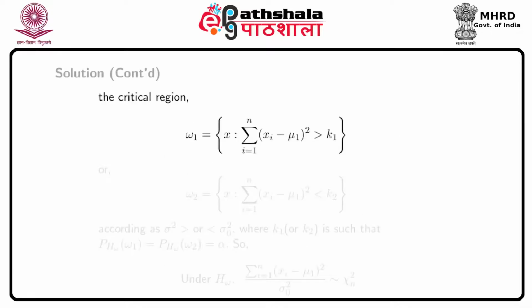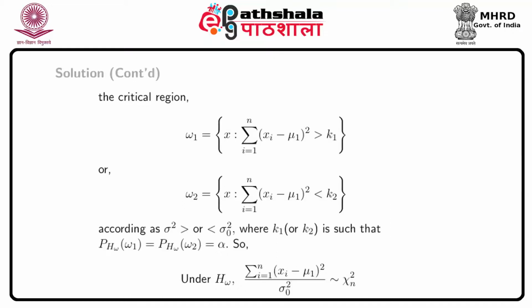Hence, using the weight function, a most powerful test for HW against HA has the critical region W1 equal to the set of those x for which summation (xi minus mu 1) whole square is greater than k1, and W2 equal to the set of those x for which summation (xi minus mu 1) whole square is less than k2, according as sigma 1 square is greater than or less than sigma naught square, where k1 or k2 is such that probability under HW of W1 equals probability under HW of W2 equals alpha.